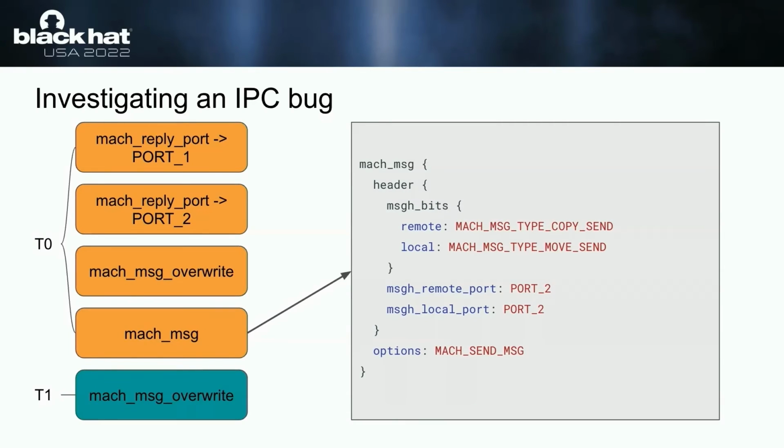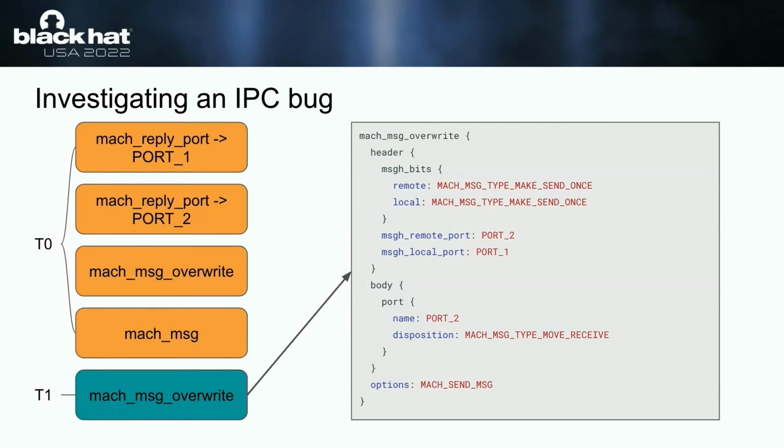In the first thread, we are sending a message to port 2 from port 2, and we're copying and moving our right to send messages on this port and the message. It's bizarre. And then from the other thread, now that we have a right to send from port 1, we send a message from port 1 to port 2. I don't know if this even makes sense.